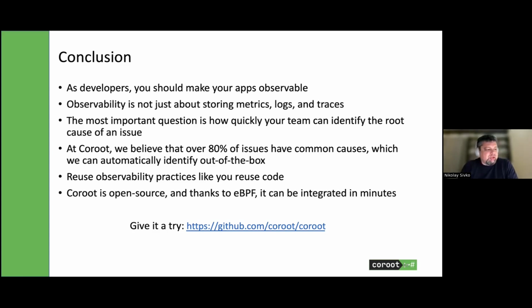We should install something that uses eBPF to gather telemetry data. And as I mentioned, it's not super important where and how you store your telemetry data. Observability is more about extracting answers from this telemetry data. And I believe at Coroot, we help our users to do it pretty efficiently.